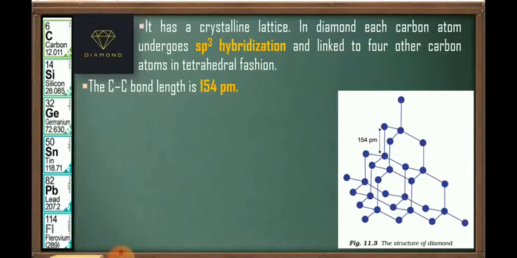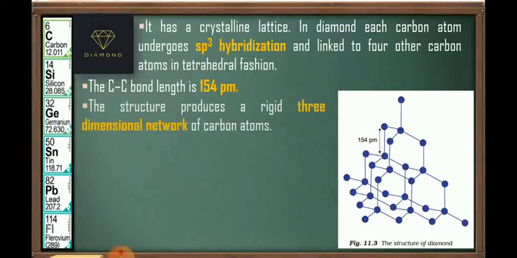In diamond, the carbon-carbon bond length is found to be 154 picometer. The crystalline lattice of diamond is rigid. It is a rigid substance.